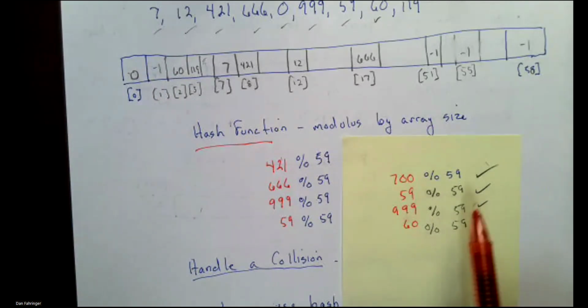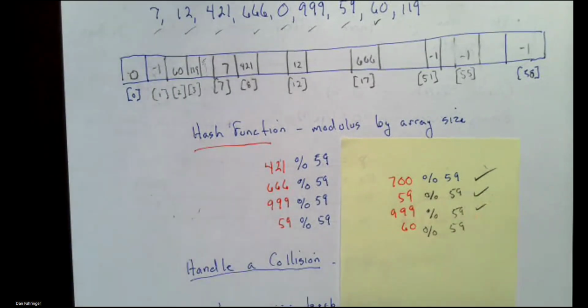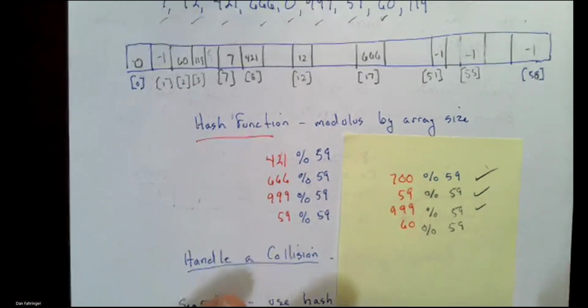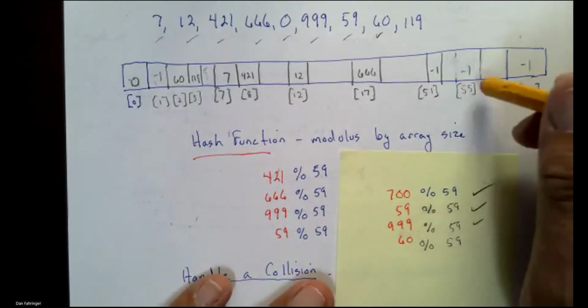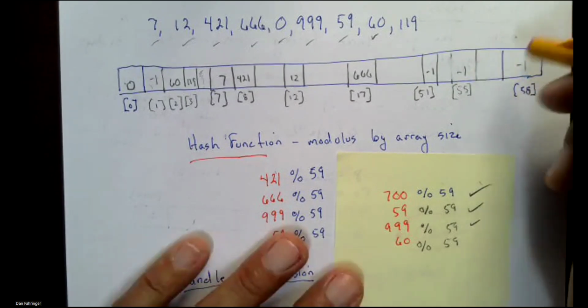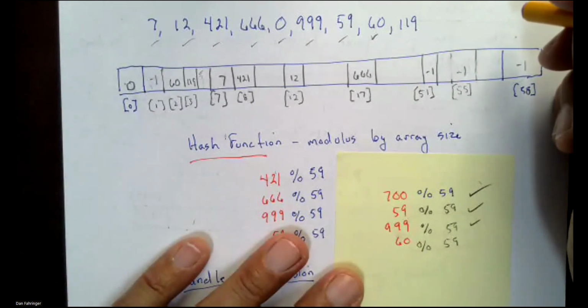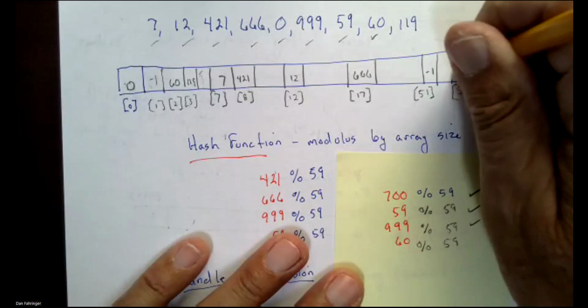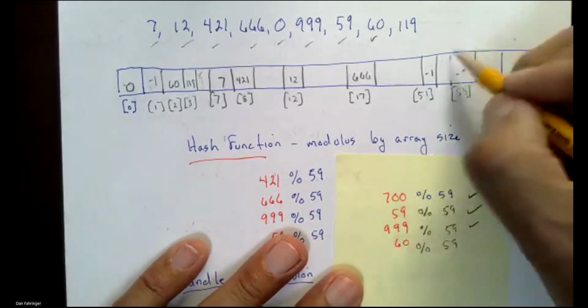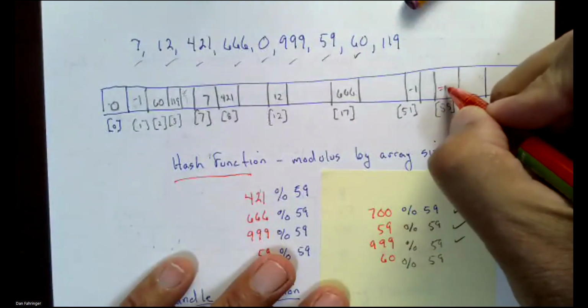So when I got rid of 700 and we did the mod 59, where was 700 at? Was that out here at 55? Yeah, I think so. So out here, we're now going to say, wait a minute, this is -2.